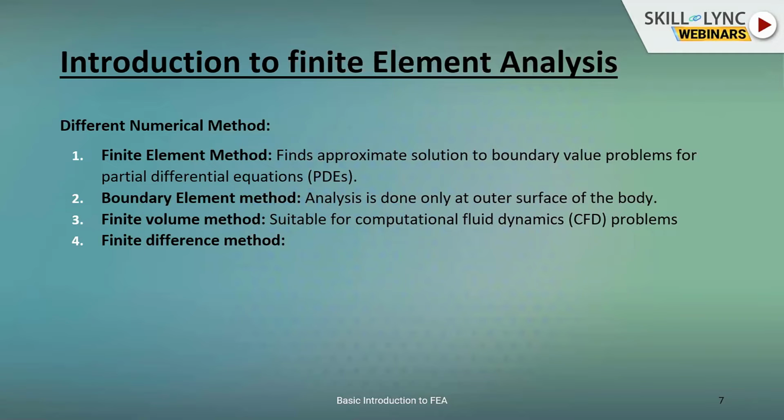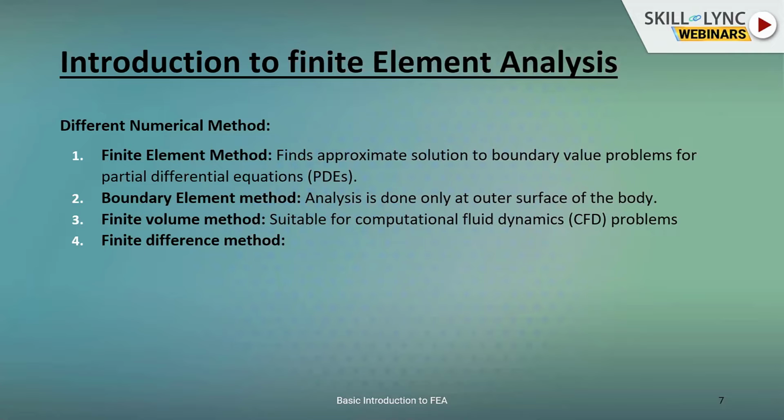We actually try to solve the partial differential equations in finite element analysis. Then in boundary element method, the analysis is done only on the outer surface of the body. Then the finite volume method is mainly suitable for computational fluid dynamics. And in the finite difference method, we solve the differential equations, not the partial differential equations.